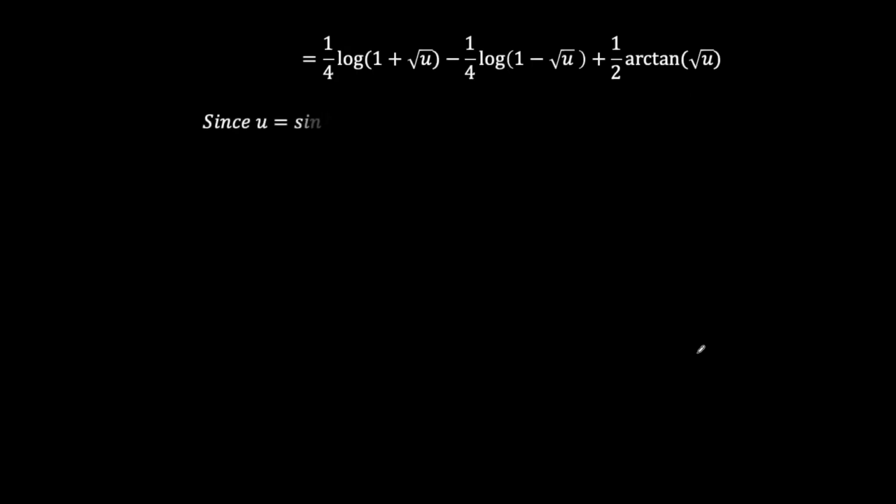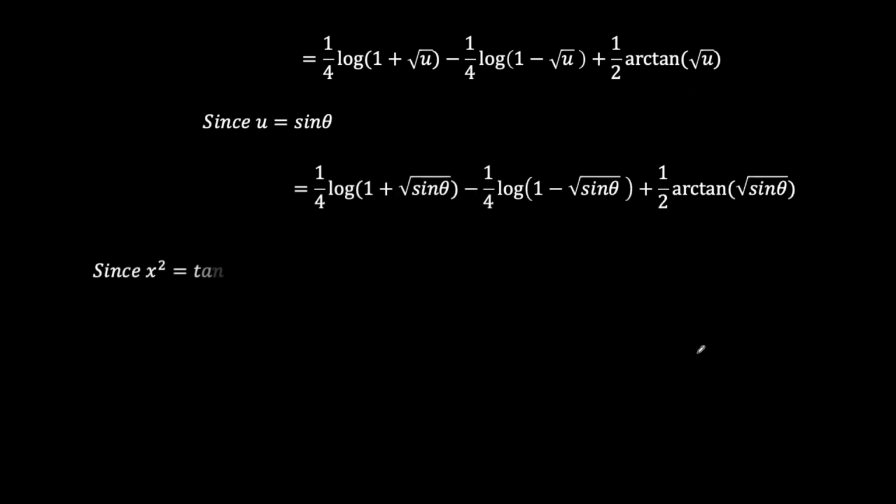So that is that, and also since u is equal to sine theta, we can plug sine theta in place of u, and that's what we get. But again, since x squared is equal to tangent of theta, that means that if we have a right angle triangle like that, and then we have the base angle be theta, then tangent of that theta is the opposite over the adjacent, which is now x squared, being opposite, and then adjacent is 1, and the hypotenuse is the square root of x to the power 4 plus 1.